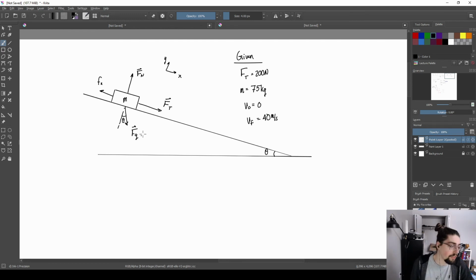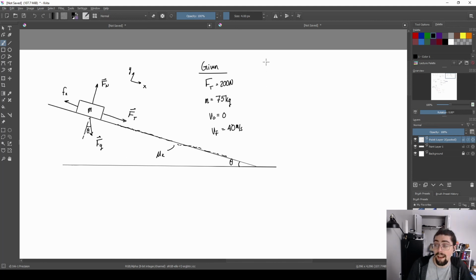We know that there is a slight grittiness to the snow, not much, but a little bit. So I'm trying to draw like a little bit of grittiness just like that. There is some coefficient of friction associated with that, but that is what we are asked to find.